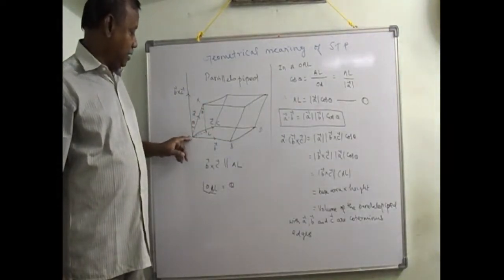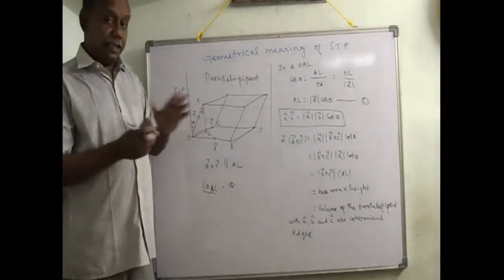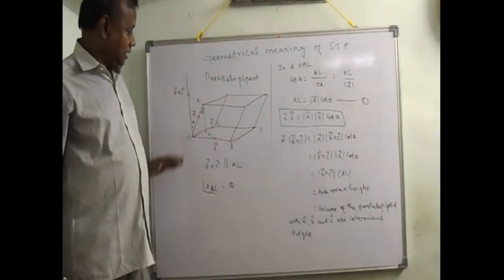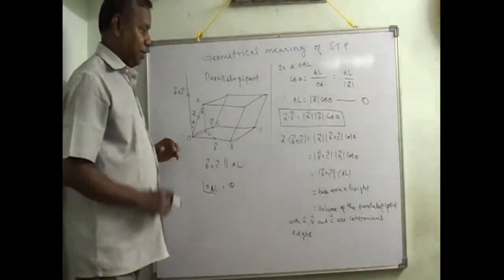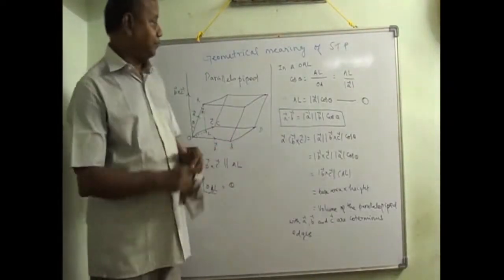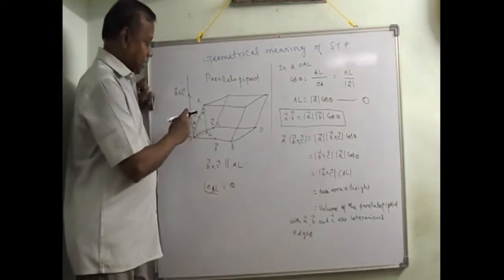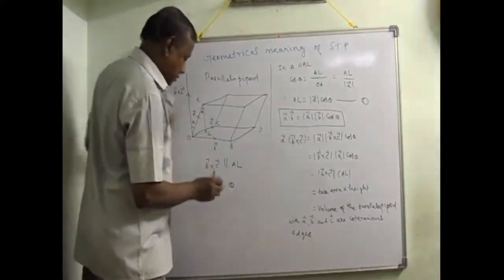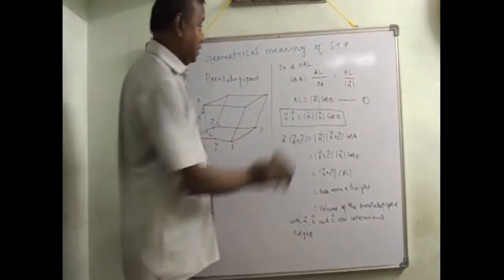So here O is the origin and OB, OC, OA are edges of the same vertex, so they are coterminous edges. With the coterminous edges, the volume of the parallelepiped is the scalar triple product ABC. In another term, it is box ABC. So I hope you understood this concept.